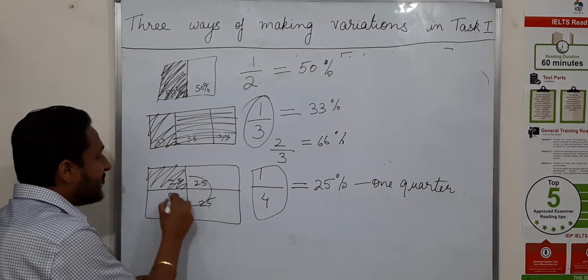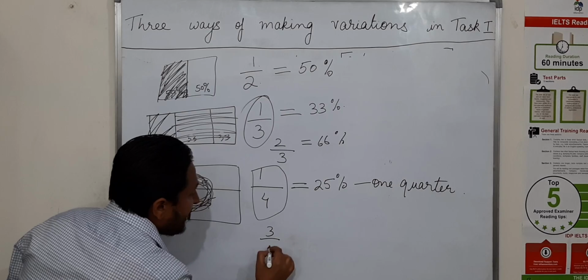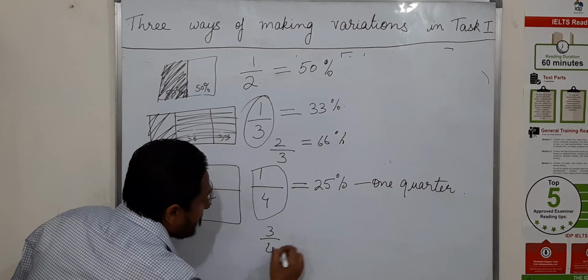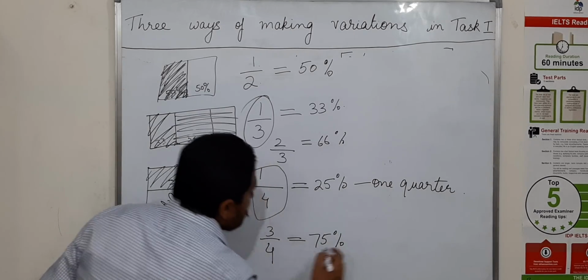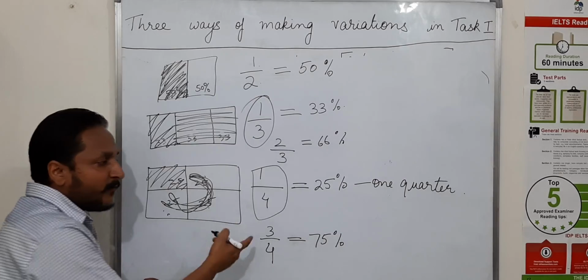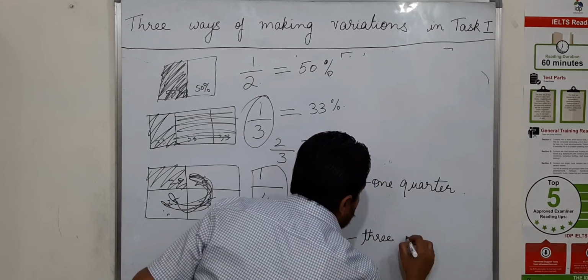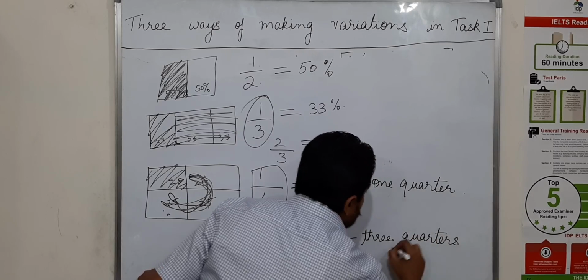And how much will this be? This will be 3 in the numerator, 1, 2, 3, and the total number of parts are 4. So we can say 75% is 3/4.